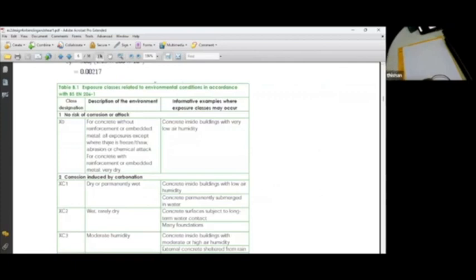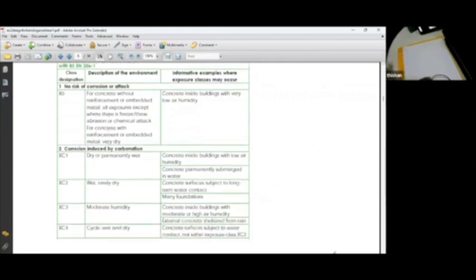Then we have these cover conditions, and generally our cover condition will be XC3, and XC4 can be for bridges, highway bridges.